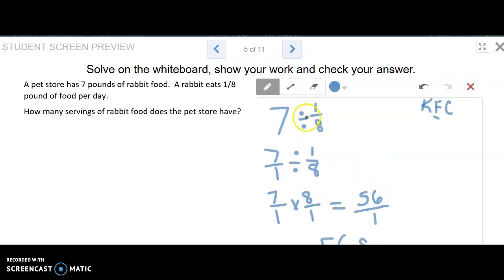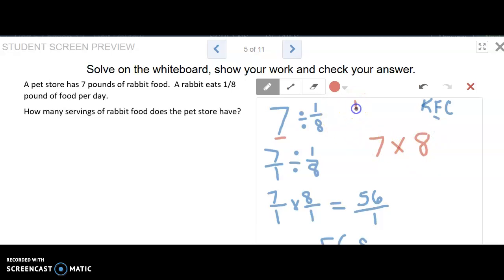Now let me go back here and show the shortcut, just to be safe, in case you did the shortcut way. We know that when our dividend is a whole number, we are going to keep that whole number and we're going to multiply, because we're still changing, by our opposite denominator.